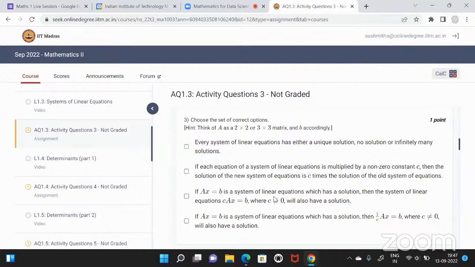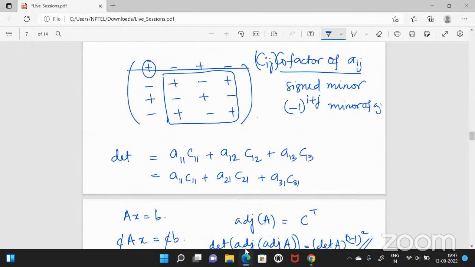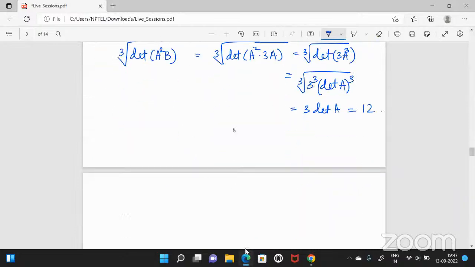Yes. If AX is equal to B is a system of linear equations which has a solution, then the system of equations CAX is equal to B will also have a solution. Okay. So AX is equal to B has a solution, so there is some X which satisfies AX is equal to B. Now you are multiplying the coefficient matrix alone with C. C is a non-zero number.